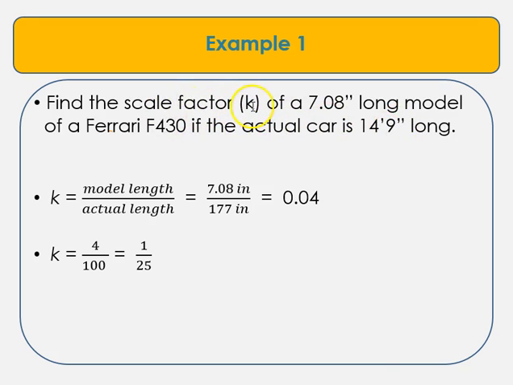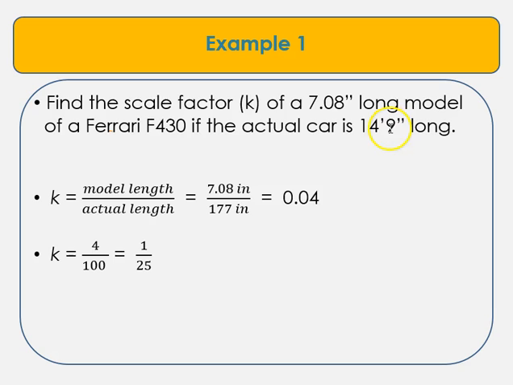So the scale factor is also known as the letter K. We'll express this word problem like this: K equals the model length compared to the actual length of the car. The model length was 7.08 inches. The car was 14 feet 9 inches. We have to have similar units of measure.